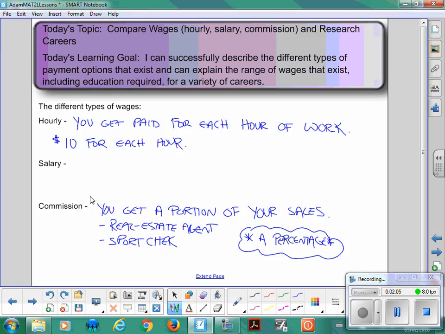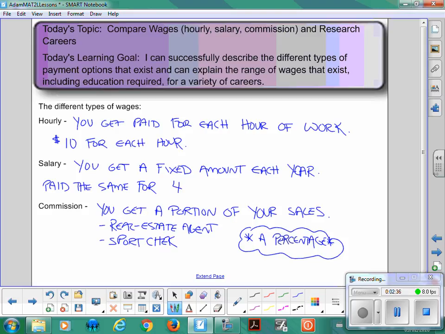Now, salary is a little bit more complicated. It's one that you may not be as familiar with, but you get a fixed amount each year, which divides down, you get a regular paycheck, but it doesn't go up or down. All right, so paid the same for 40 versus 60 hours of work.